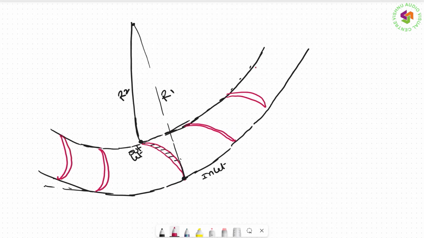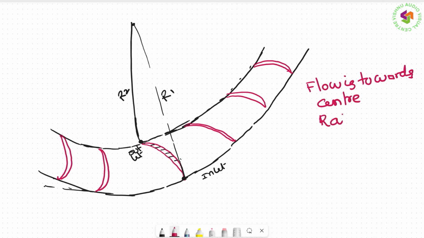Like this, a number of vanes are there, right? So only one vane I have taken for my problem. Now if flow is entering here and moving towards the center, when flow moves towards the center, this is called radially inward flow.